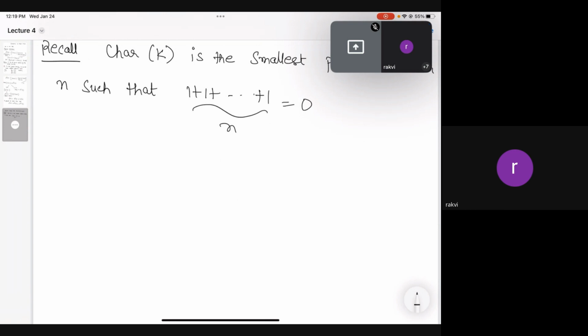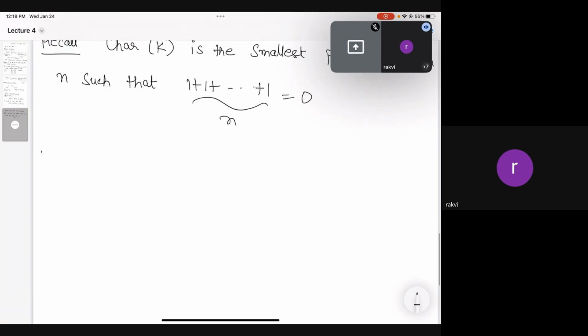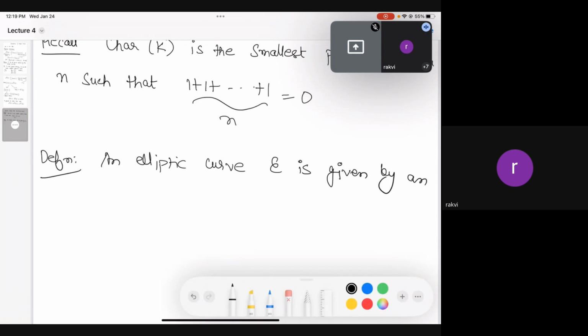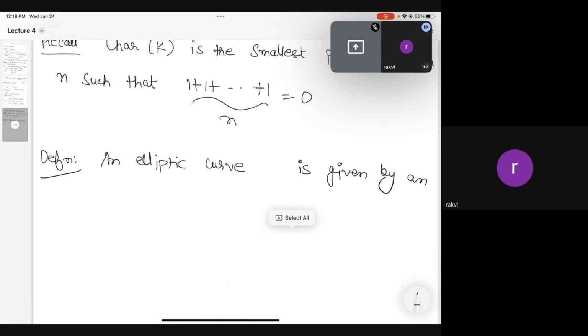Okay, so this is how I'm going to define an elliptic curve. Let's just give it a name, E. Just so that we are clear about where these things are sitting, I think of this as sitting inside P2.